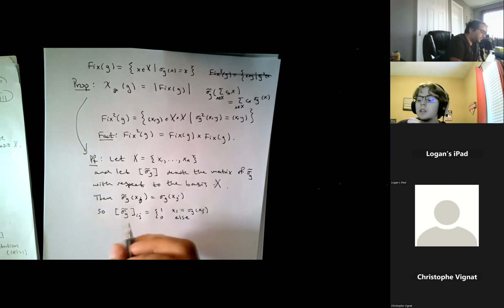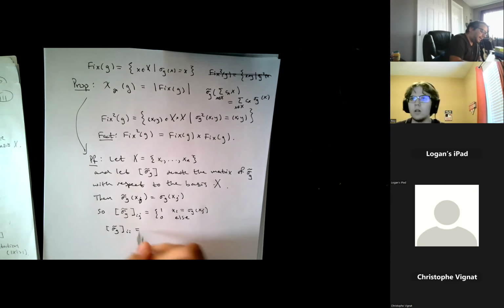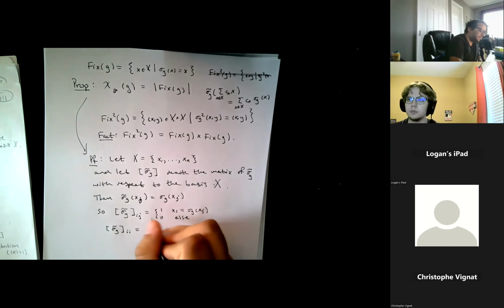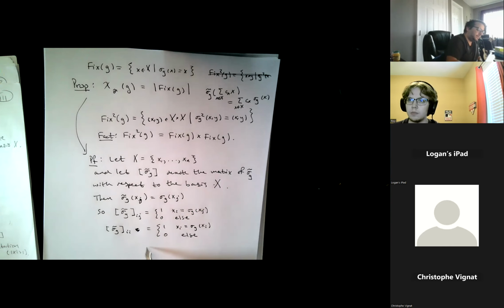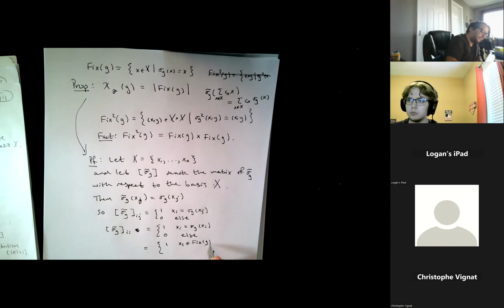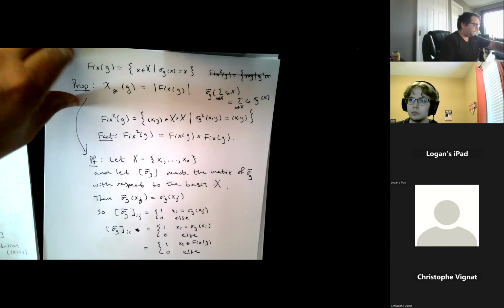In particular, the ii coefficients, the diagonal coefficients, are 1 if xi is sigma g of xi and 0 otherwise. And this is the same as saying that it's equal to 1 if xi is in the fixed set and 0 otherwise. And so what does this mean?